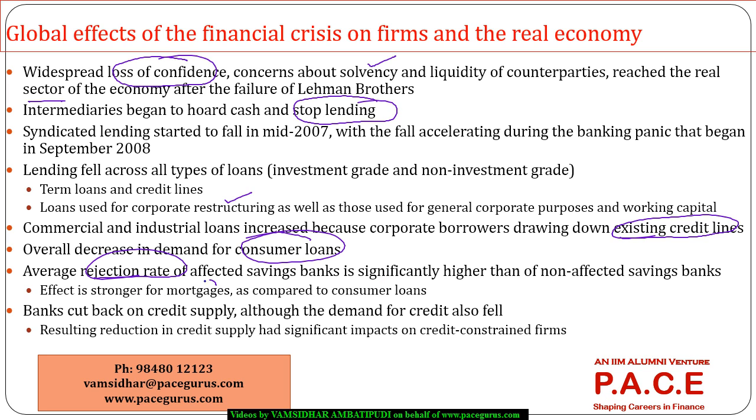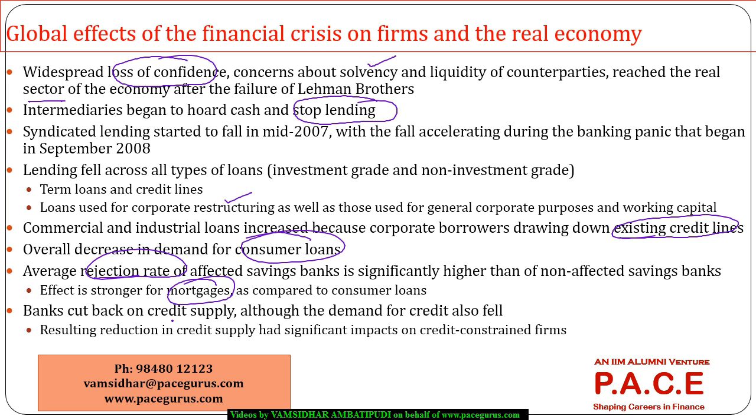And especially for mortgage-related borrowings, the rejection rates have gone up and touched the highest percentages of all time. So compared to other consumer loans, mortgages got the highest rejection rates as well, which again has impacted the real sector of the economy.